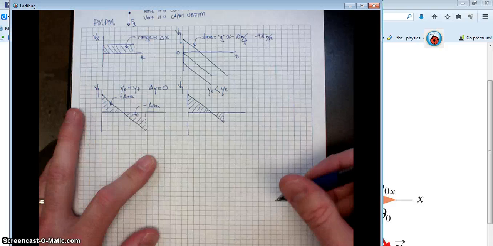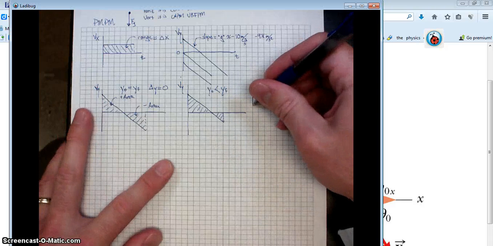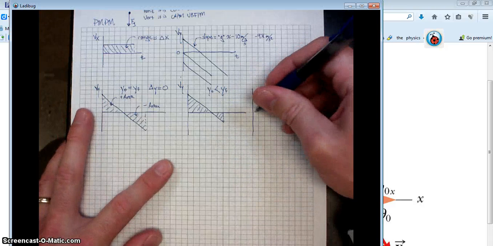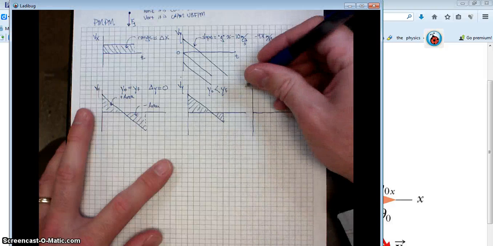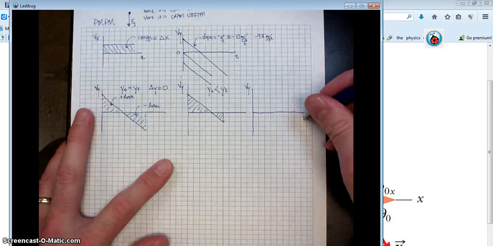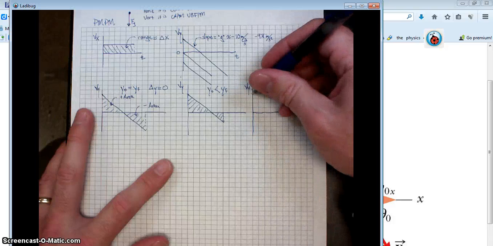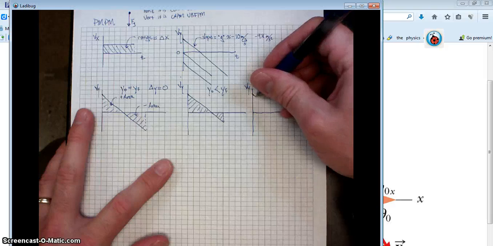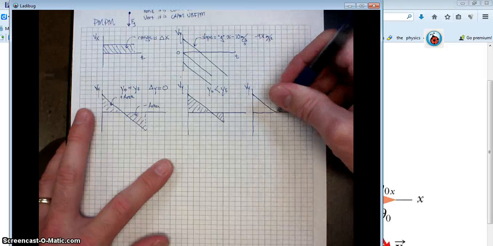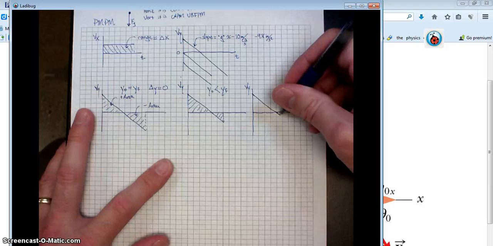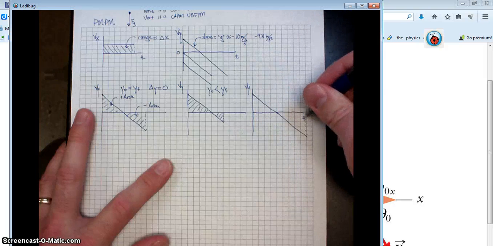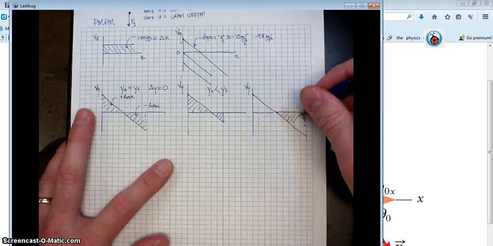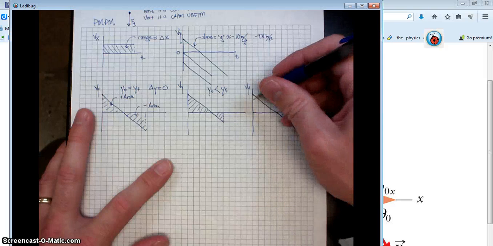Or you could have a situation where maybe you throw something at an upward angle off of a cliff, and so the initial vertical velocity is positive here. It's going to end up landing somewhere far down below, so it goes up, but then it goes back down farther, so we'd have a greater area in the negative part of the graph.